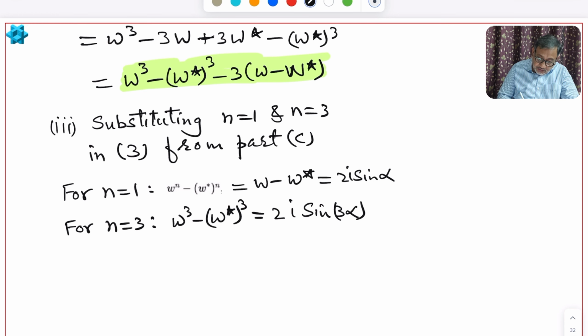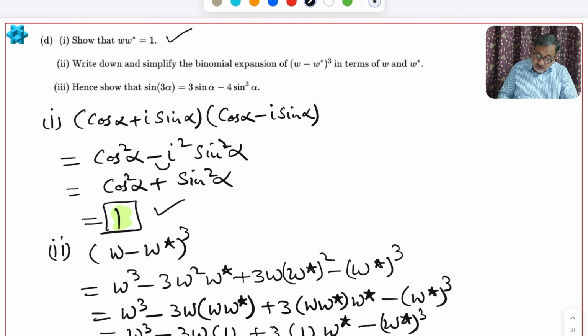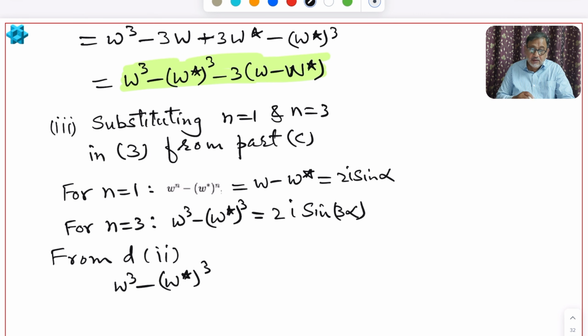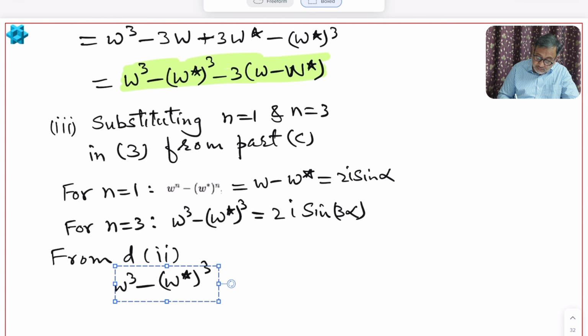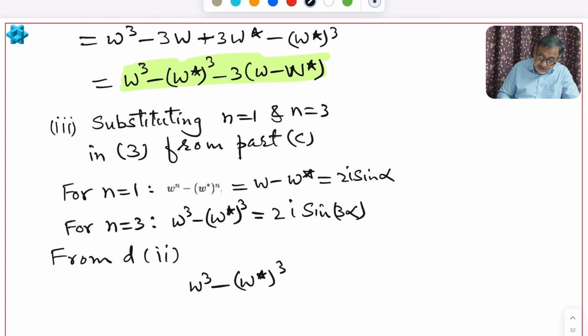Now from D second part, what we have, w cube minus w conjugate cube is equal to, I mean this result we got from (w minus w conjugate) cube.